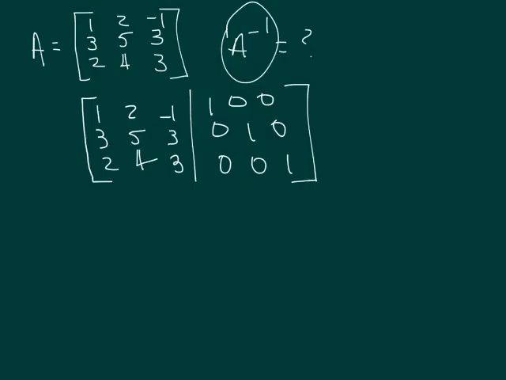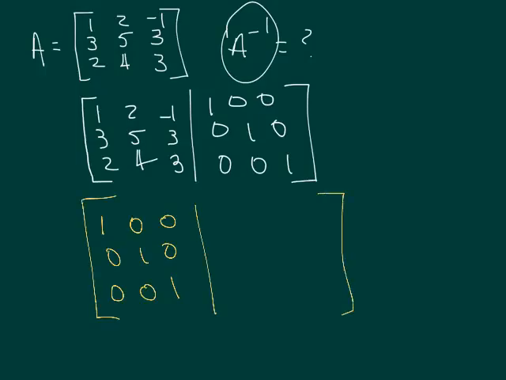So you'll do your whole Gauss-Jordan elimination, and when you're done, you will get 1, 0, 0, 0, 1, 0, 0, 0, 1, and I'm not going to do the whole elimination. You did that in the last lesson until you're probably sickened by it.